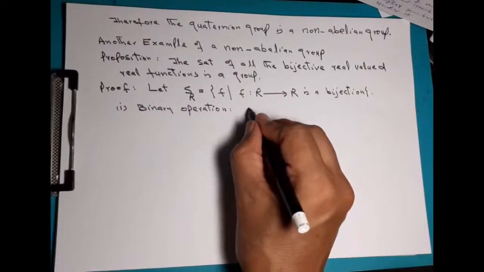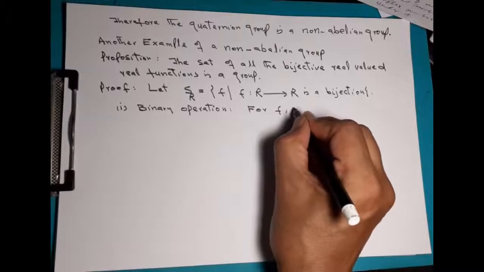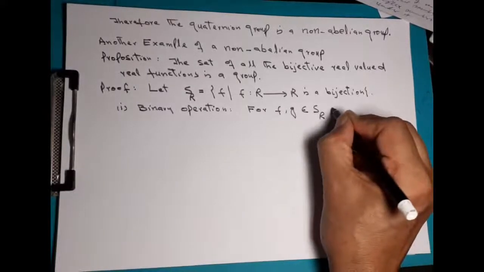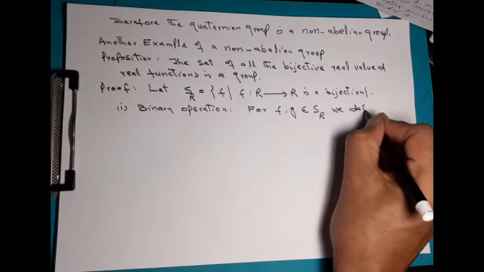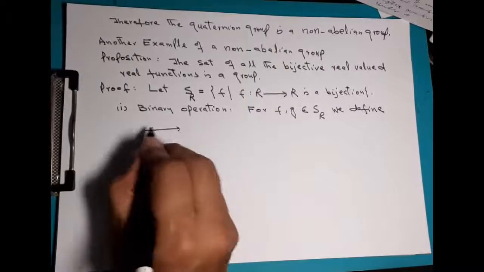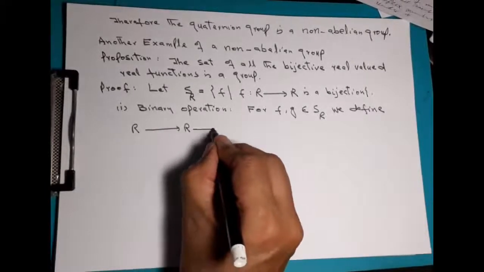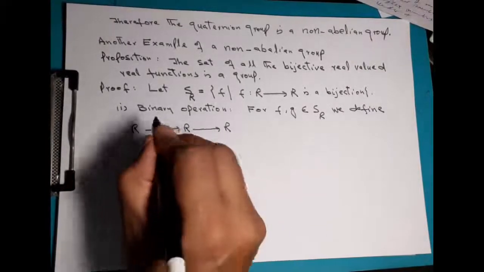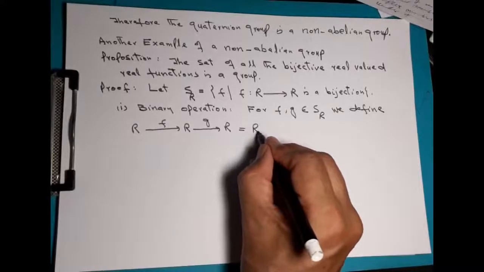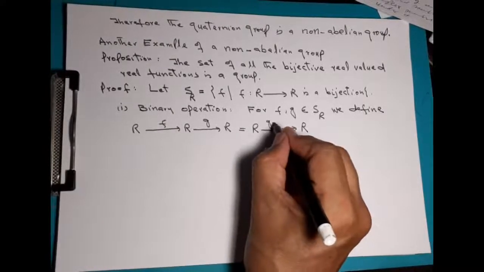So for any two bijective functions f and g belonging to SR, we define: you know that if this is a function from R onto R, which is bijective, and this is another function from R onto R, which is again bijective, we can compose these two functions with each other and we get a bijective function from R onto R. We denote it by g circle f.